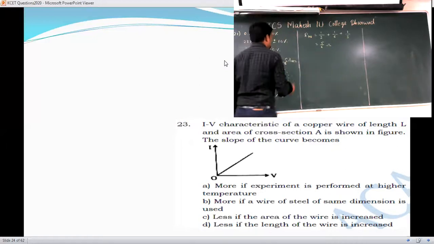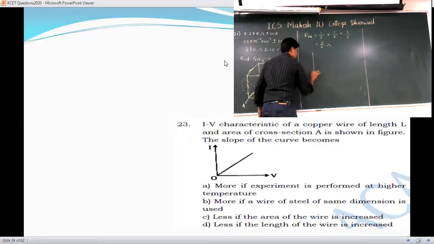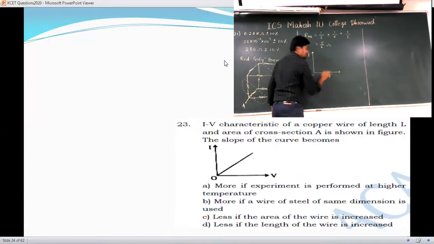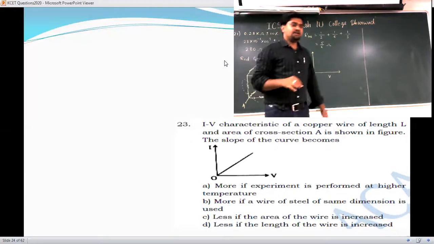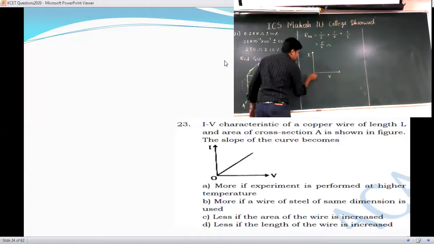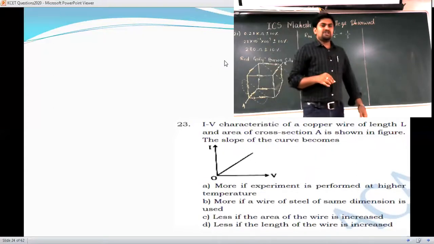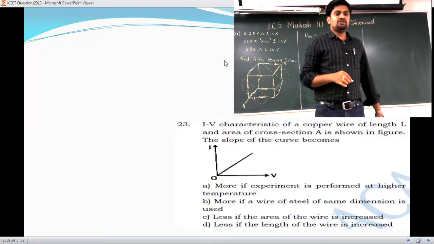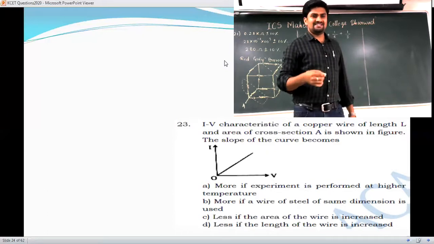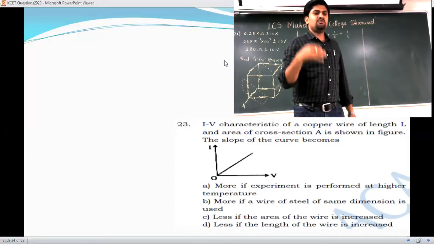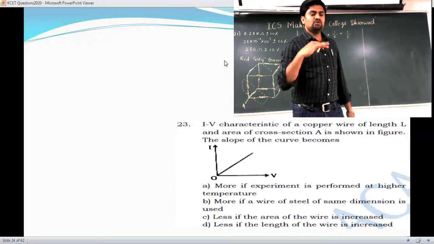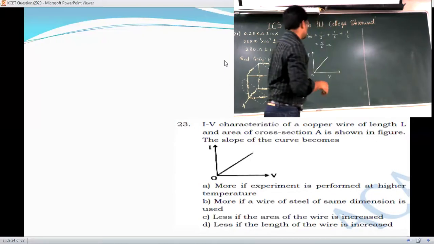They have given a linear slope with current I on one axis and voltage V on the other. The options are more or less, when we change some of the values. So how does the slope behave here? That is the question.